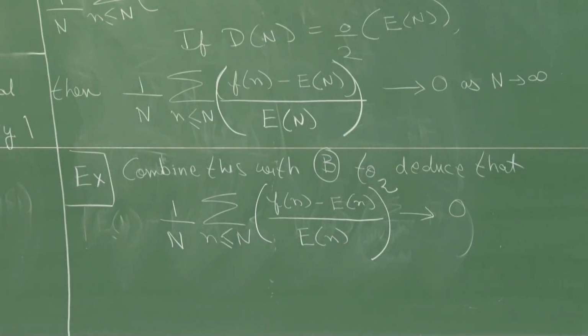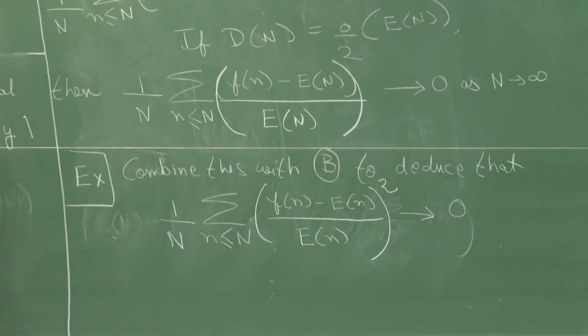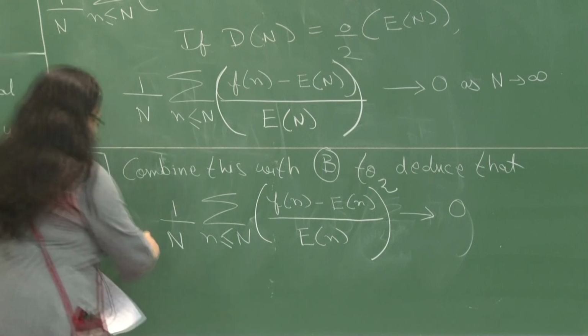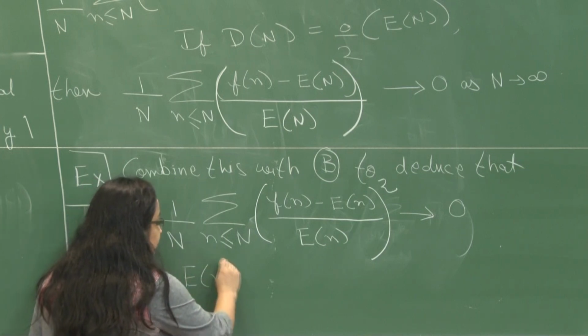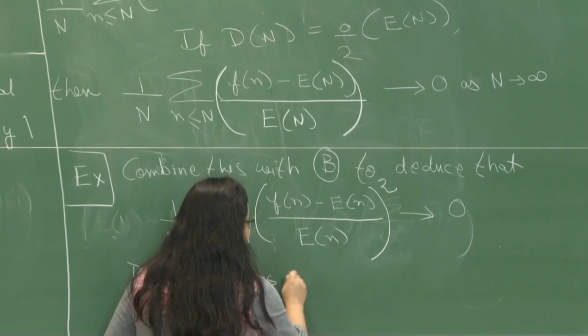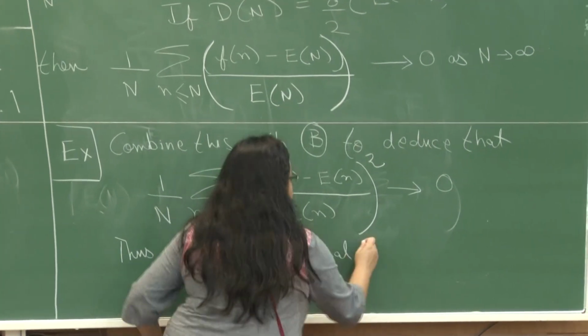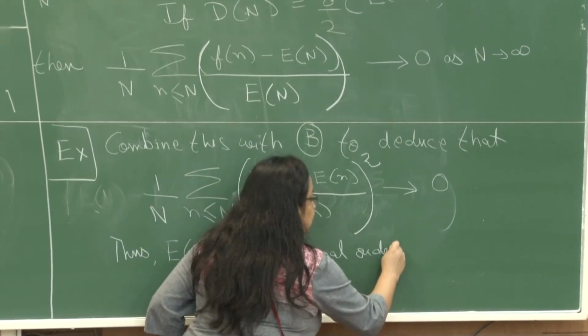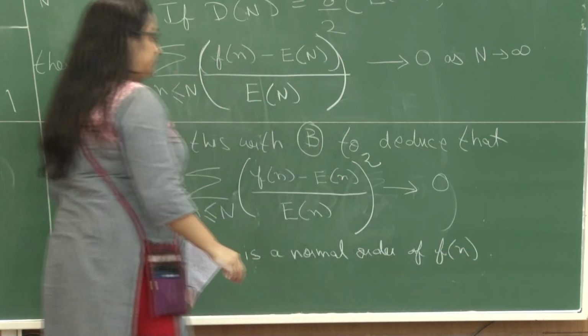And last time we saw that if we have an asymptotic like this, that will immediately imply that E of n is the normal order of f of n.